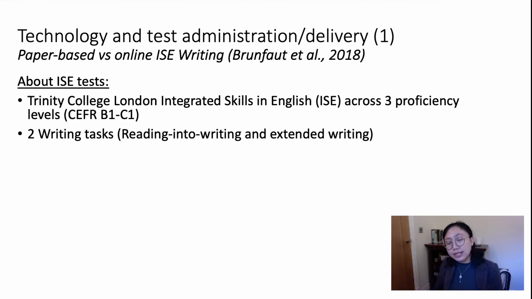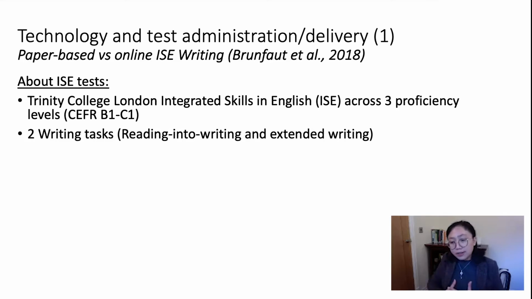The first one is called reading into writing. Maybe it's a new type of task. Maybe you've heard about integrated tasks before. Well, this one is a form of integrated task. So in this reading into writing task, test takers are required to read 4 different passages, okay?